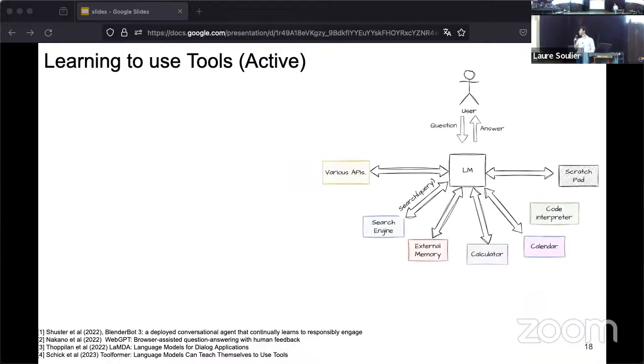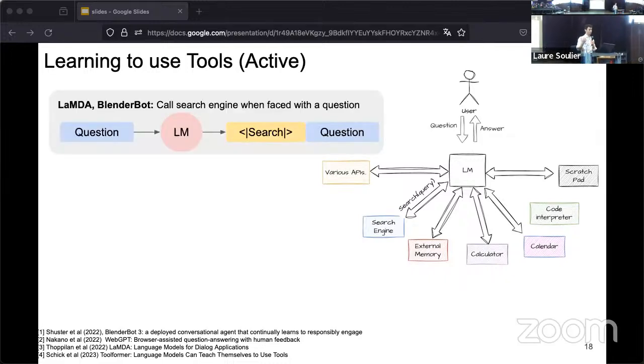Other methods, which I call active, are used to teach the language model to use external tools depending on the user input. It can be either a search engine, external memory, calculator, or so on. There are various models proposed. First, LaMDA and BlenderBot, where the model learns to generate code for the proper API given the entry.